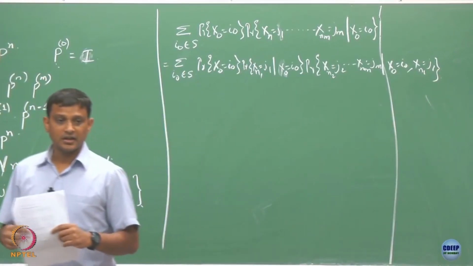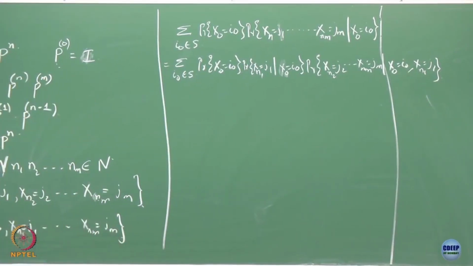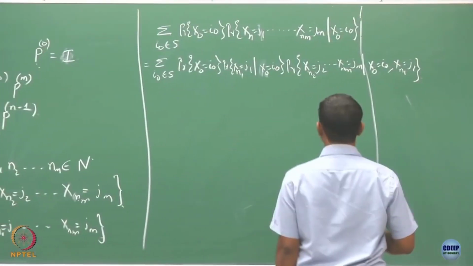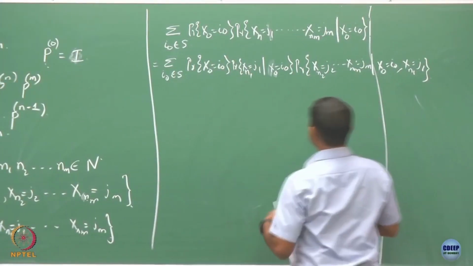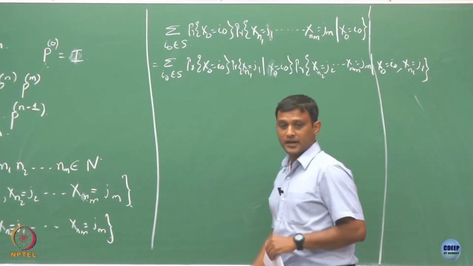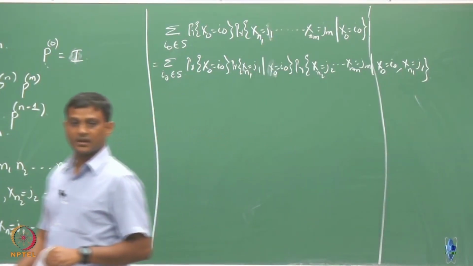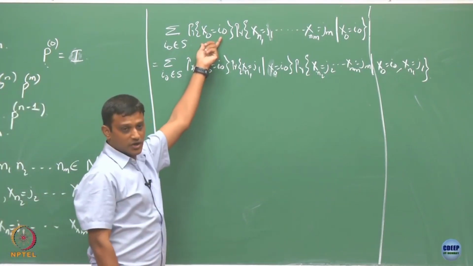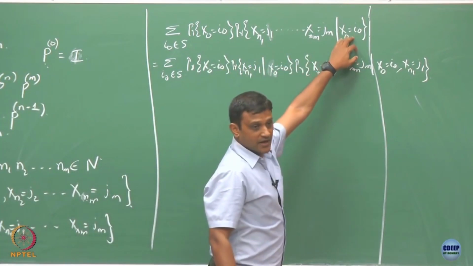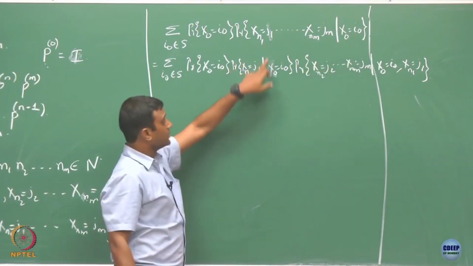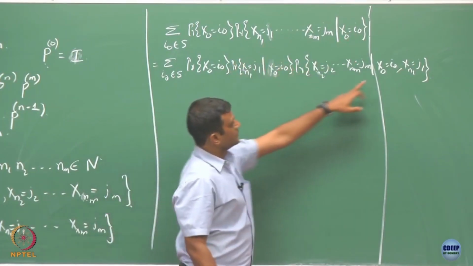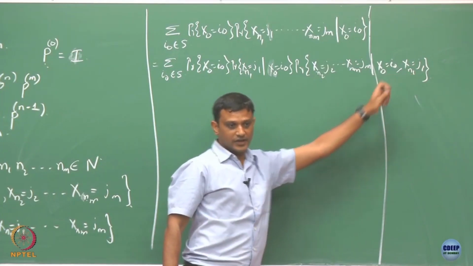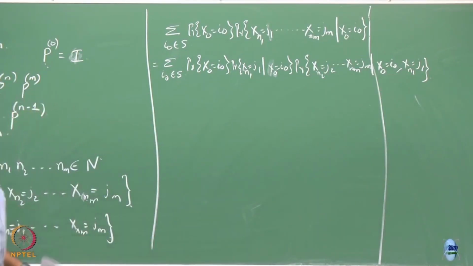Here it is x at n1. So I first brought this out and then conditioned on that, then I brought x at n1 out, and then in the second step I conditioned this random variable on that. Now you can keep on doing this.